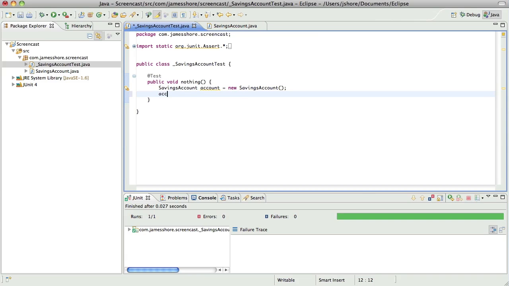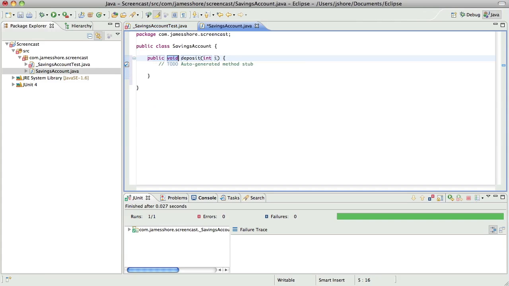If we deposit $100 into there, we should assert that the balance is equal to 100. Let's do that. So really simple to start with. I've got a bit of primitive obsession forming here already in that I've got this integer in here, and I don't really want that.